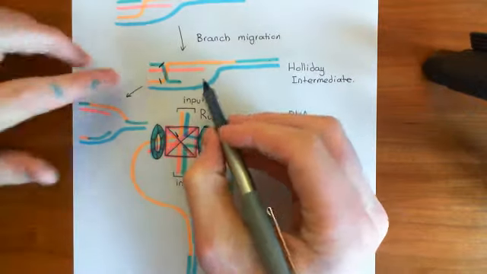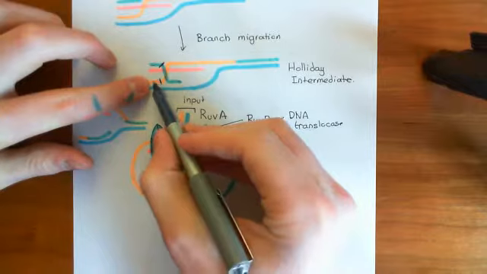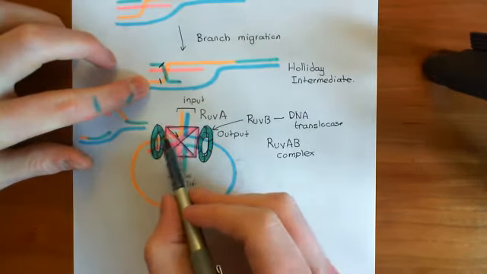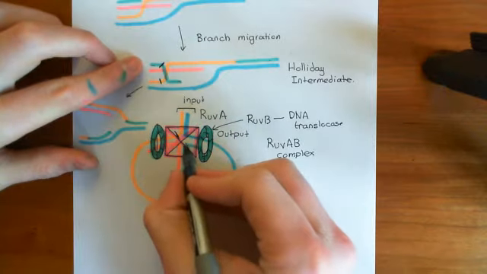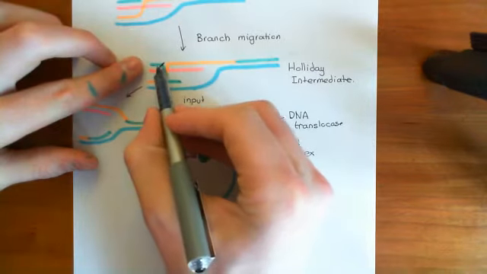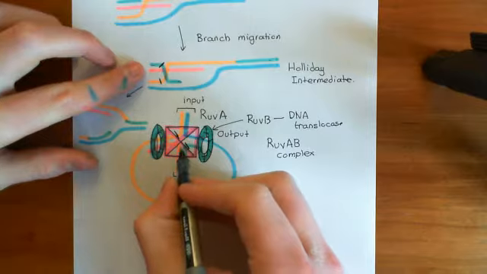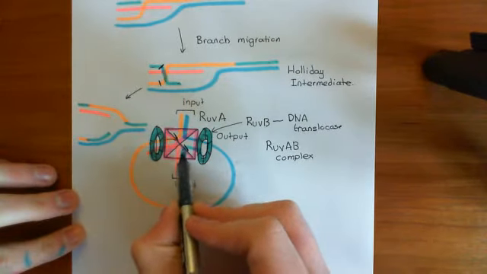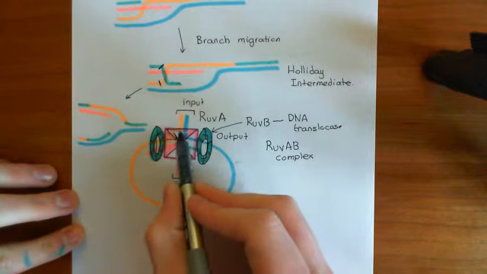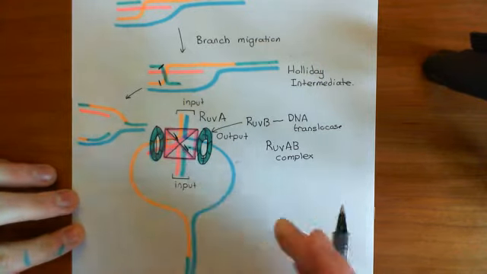Okay, so remember that's analogous to this cut here. So we're cutting this orange strand here. Okay, so we're going to cut there, and then we're also going to cut here. Okay, and that's analogous to this cut here. Okay, then we're going to recombine this orange portion with this turquoise portion down here, and we'll recombine this orange portion with this turquoise portion here.